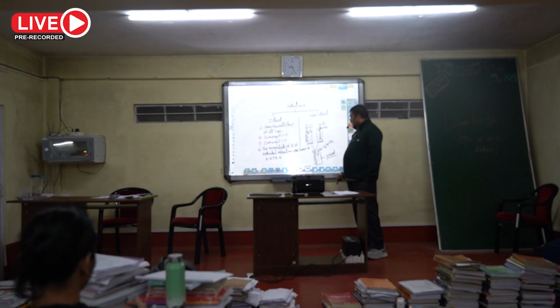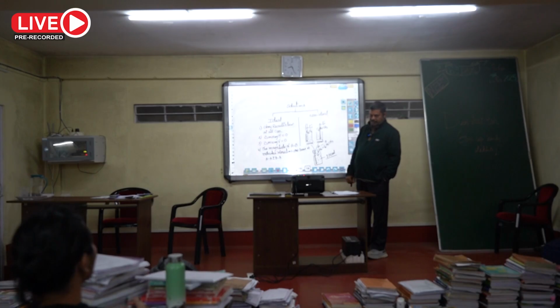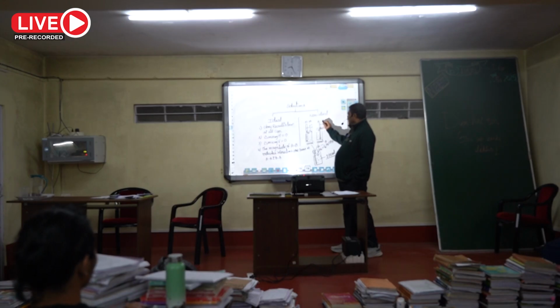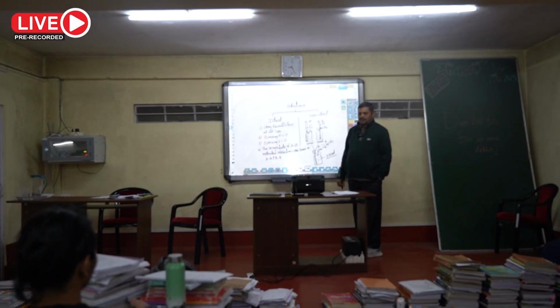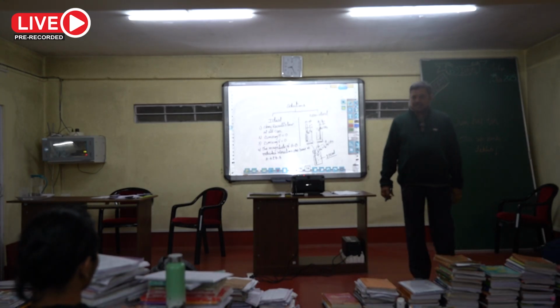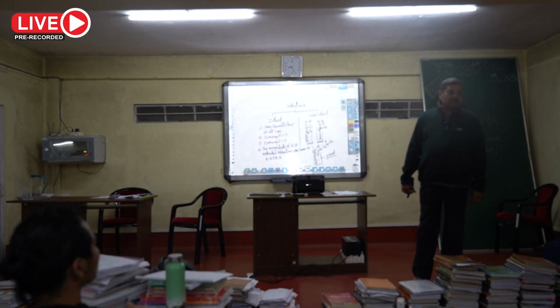So in an ideal solution, after mixing, this is called AB molecular interaction. Before mixing, this is AA interaction, this is BB interaction. Between molecules of benzene, we call it AA molecular interaction. Between the molecules of toluene, we call it BB interaction.